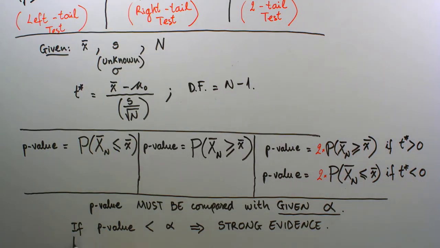And on the other hand, otherwise, if the final p-value that we have calculated, whether we are in a left tail or a right tail or a two-tail situation, is greater than or equal to the given significance level, then we can say that the sample we have as the evidence is not strong evidence.